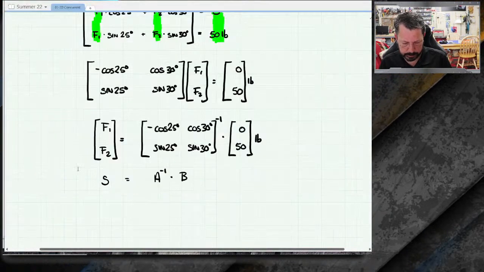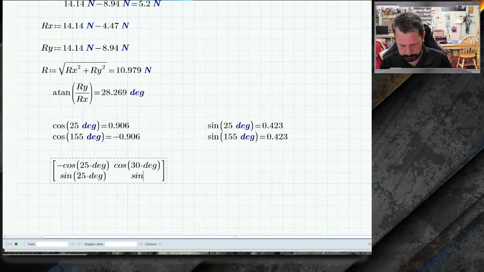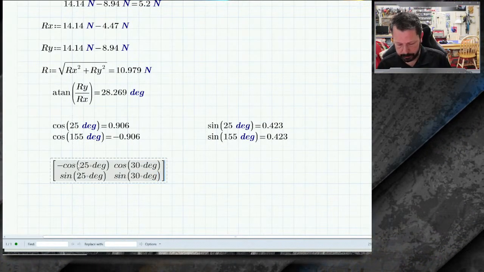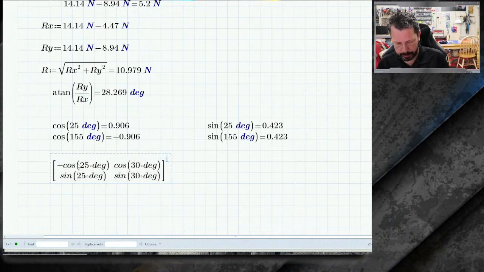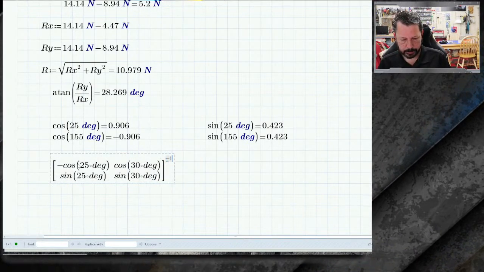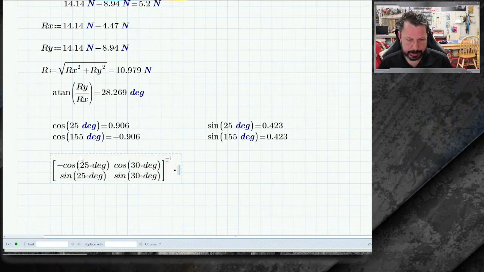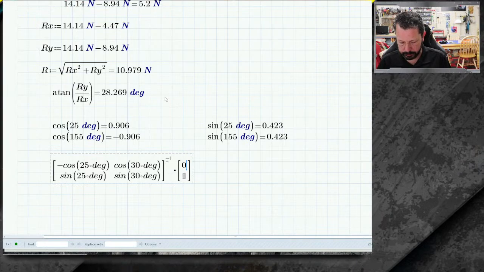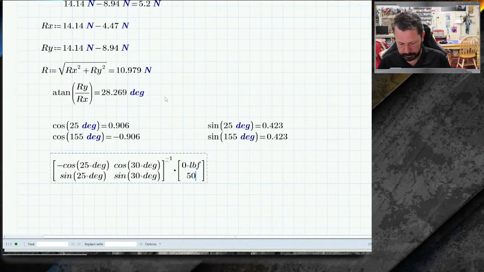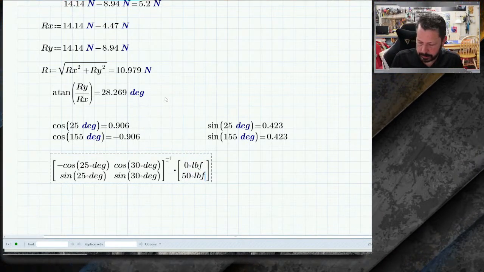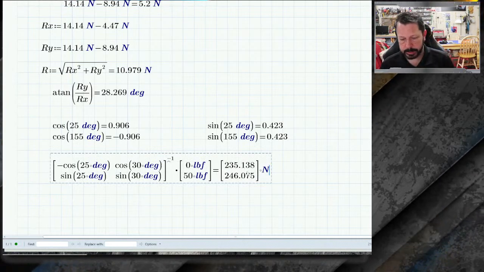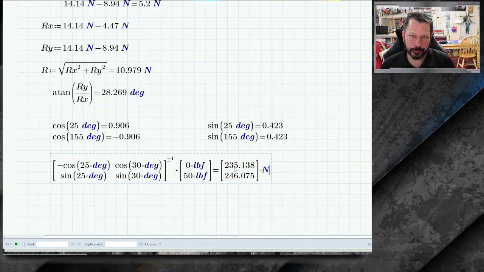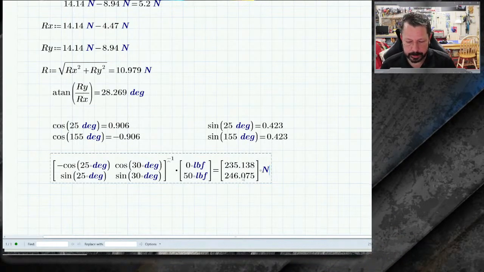And the last one was sine of 30 degrees. And I raise that to the -1 power and multiply times a little matrix that just has the 0 pound force and 50 pound force. The answer to this is F1 over F2. Well, not over, but F1 in the top spot, F2 in the bottom spot.